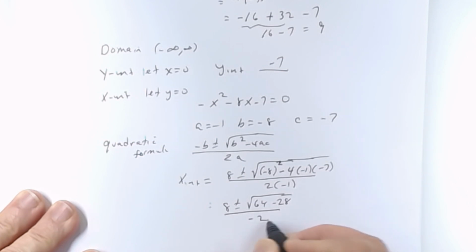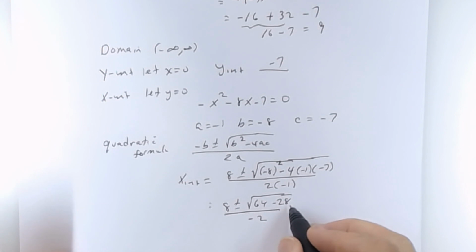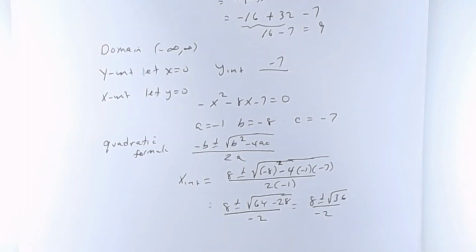All divided by -2. What is 64 minus 28? 36? So I get 8 plus or minus the square root of 36 over -2. What do you remember about the square root of 36? Perfect. 36 is a perfect square, so what's the square root of 36? 6.